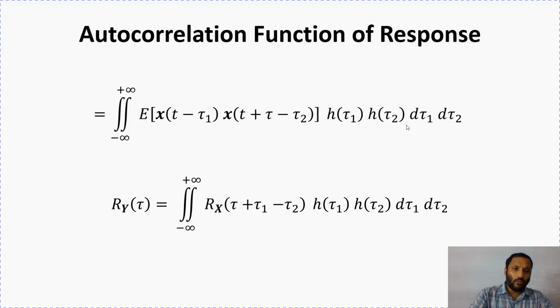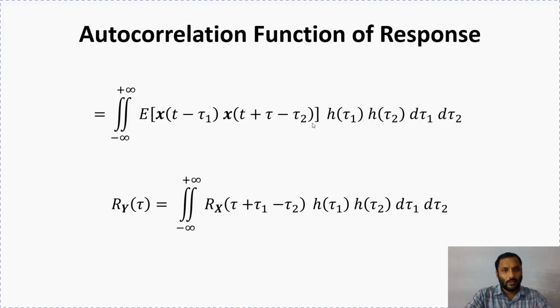Now how would I write this expression? What is inside this integral, in this expectation? You recollect this one again. You have to call this the expectation of the product of the random variables at the time points t minus tau 1 and t plus tau minus tau 2.